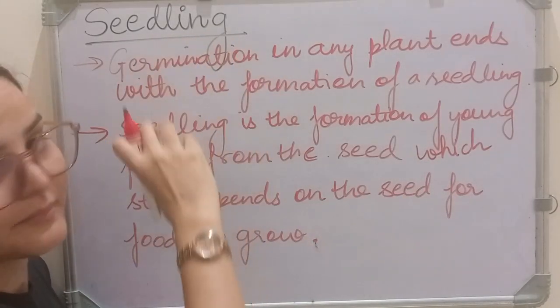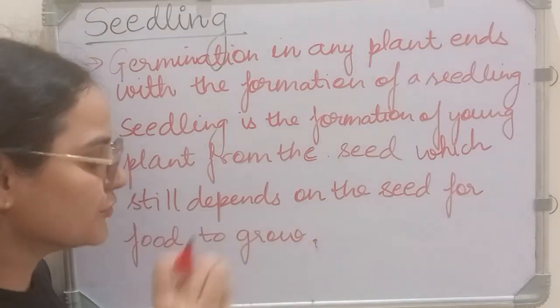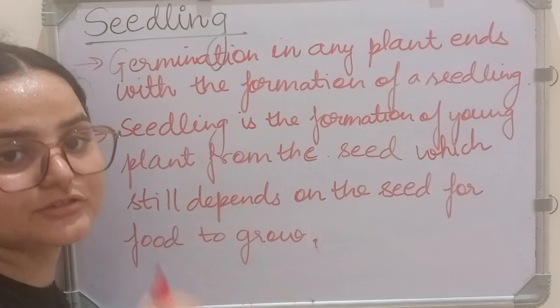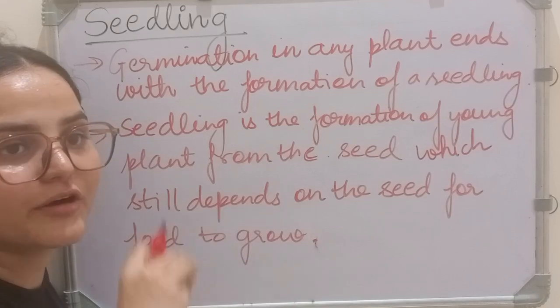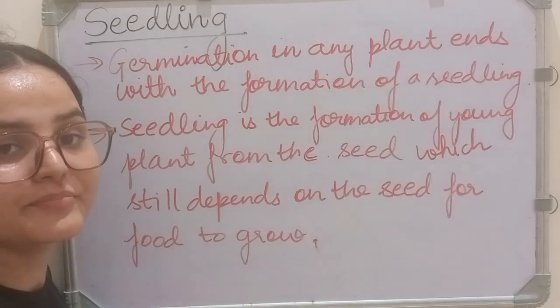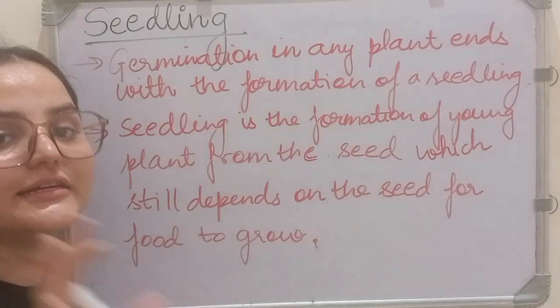The plant is still obtaining its food from the seed only. It has not become independent. So before becoming independent, whatever the stages are is known as seedling, unless and until it has become fully independent to make its own food.